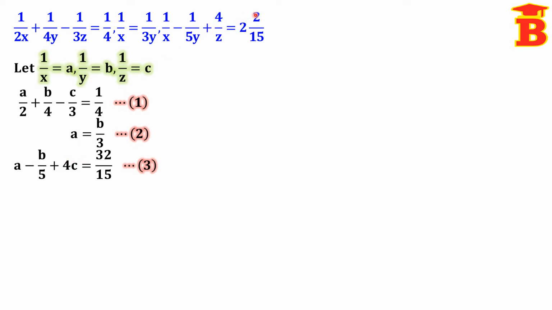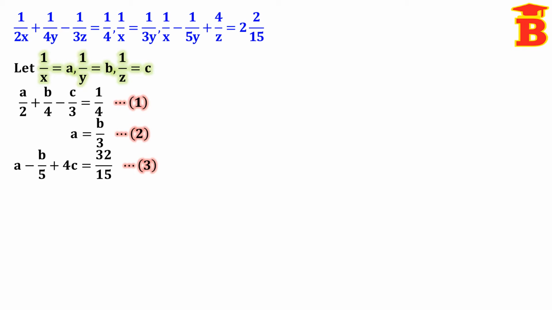This number is a mixed fraction, 2 2/15. Multiply 2 into the denominator, 2 into 15, 30, plus the numerator, so 30 plus 2, 32/15. Take this as equation 3.